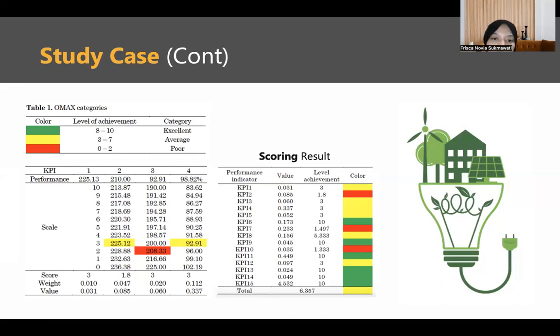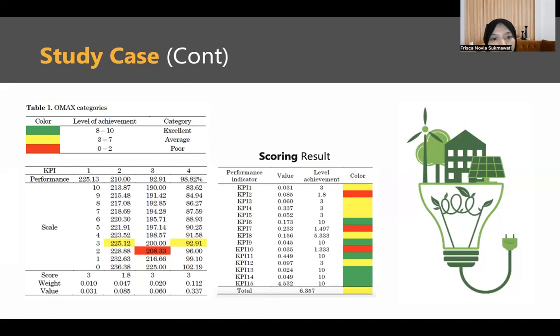You can see the scoring result table shows that the overall score from each performance indicator gives a value of 6.357 and is categorized as yellow. This result implies that the green supply chain is now in average performance.